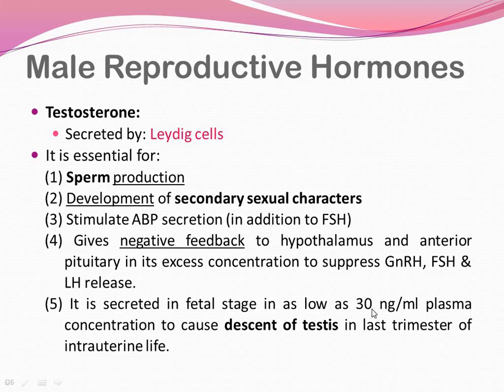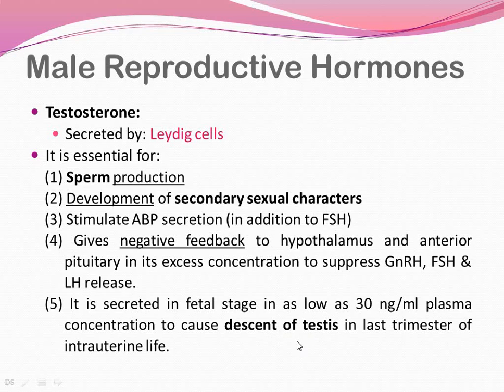And if this quantity is released, it will help movement of the testis from the abdominal cavity towards the scrotum, that is outside the abdominal cavity. This process is called descent. Descent means movement of the testis from the abdomen towards the scrotal bag.